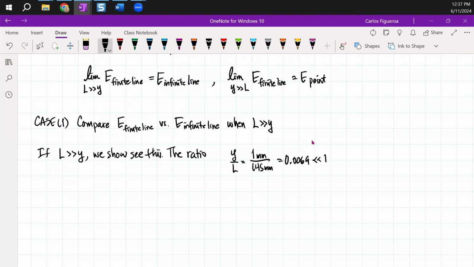So now let's numerically calculate these fields and compare them.